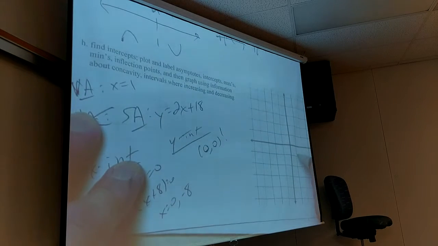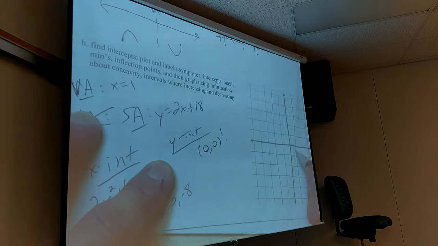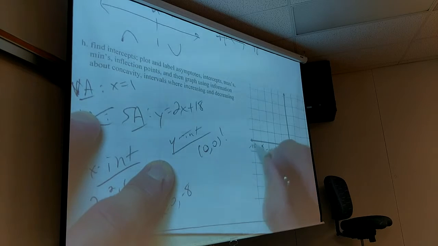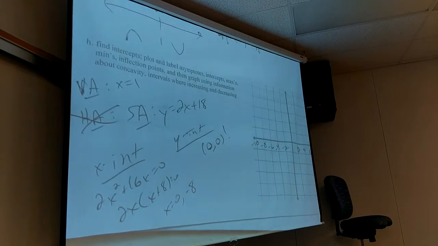Each tick mark, make it what? 2. I like it. Go by 2s. That's beautiful. This is exactly what I would do. Could you go by 3s if you wanted to? Yeah. Go by 1s? Not with what I gave you. Now, if you bring your own graph paper, you have a little bit more flexibility, but I will give you a little graph thing.